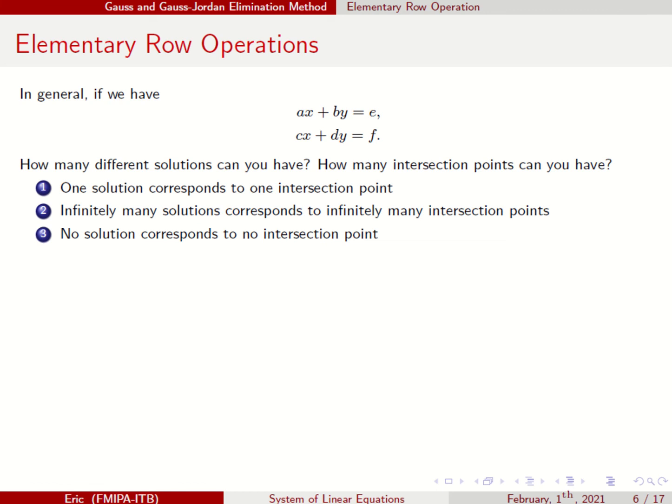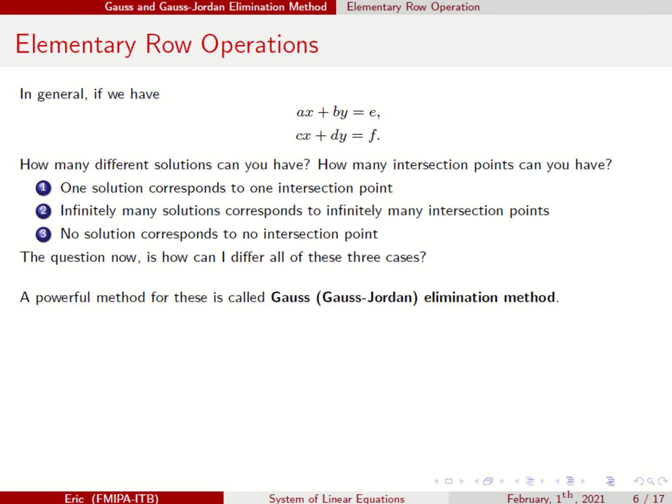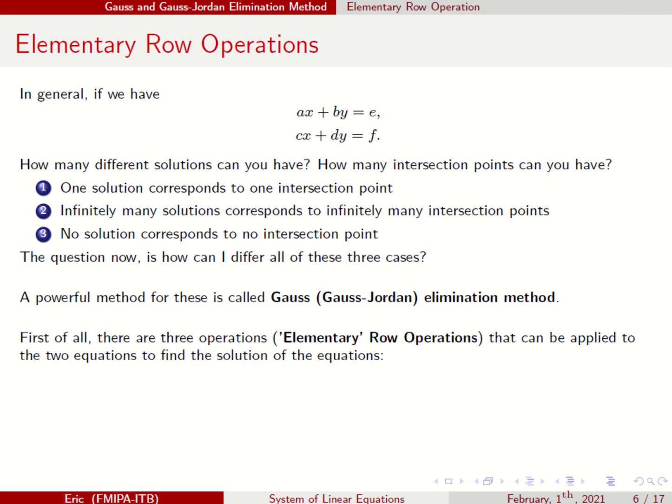And this applies for any linear equations with any number of equations and any number of variables. The question now is how can I differentiate these three cases? A powerful method for this is called the Gauss or Gauss-Jordan elimination method.